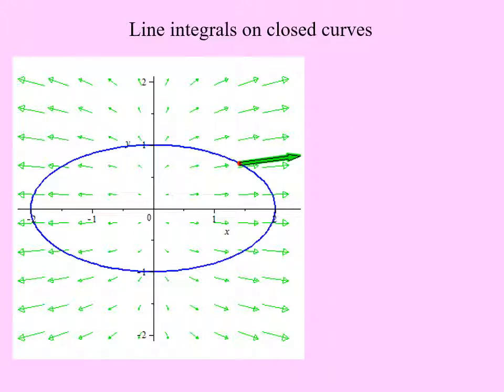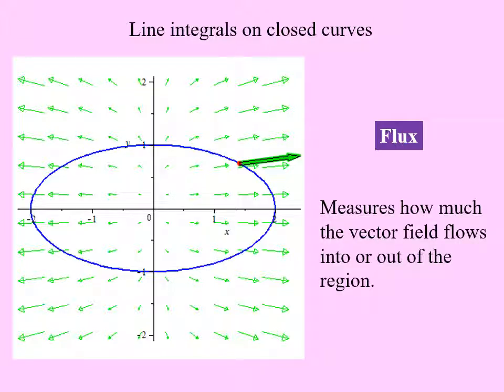Now there's another vector line integral that we call flux. Flux measures the amount of the vector field tending to flow out of the region. And so we want to measure the normal component of the vector field. So we want to know at every point along that ellipse, what effect does the normal component have?